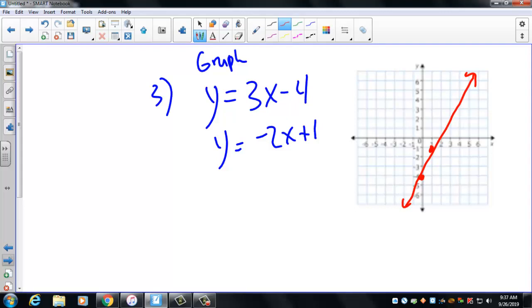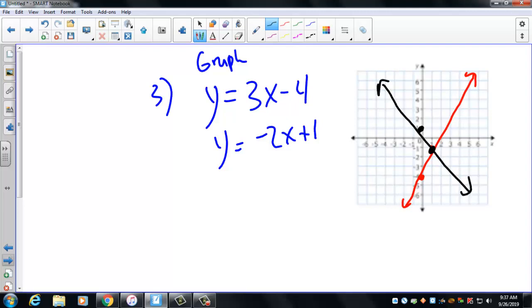Negative 2x plus 1 has you here, down 2 over 1 is here, has you hitting this line.